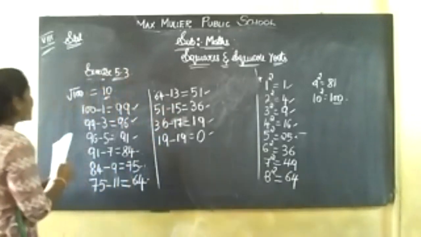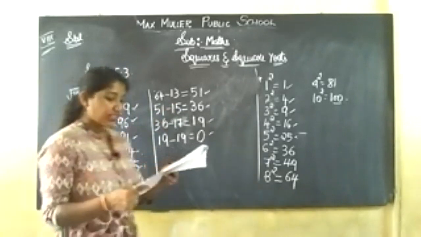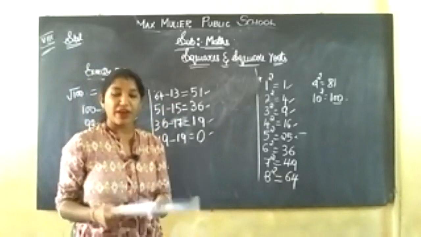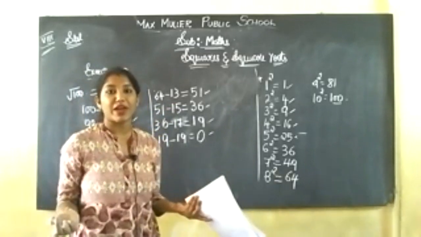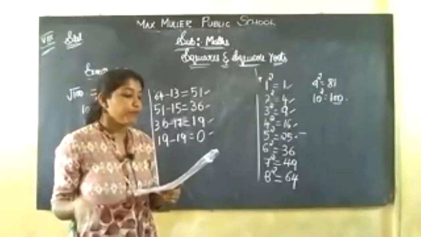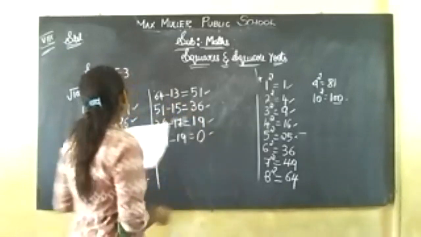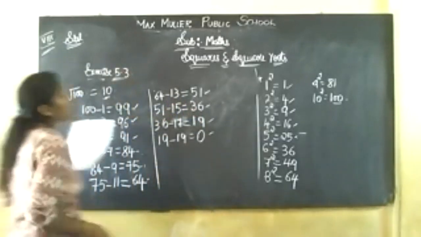Hope all understood this. Next, they have given 169. You all know it, for the square root of 169, the square number is 13. So by the repeated subtraction method you have to do it, and that will be your homework problem.